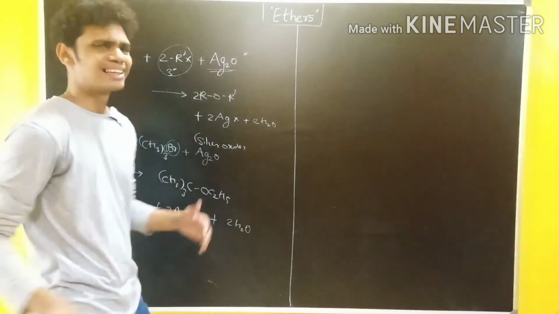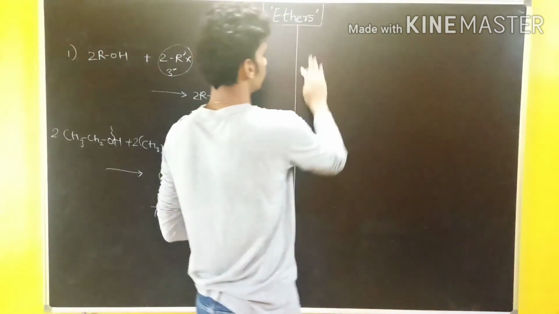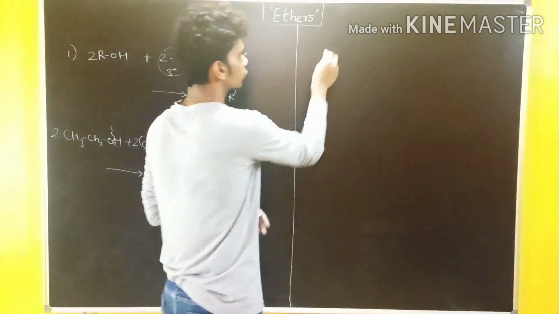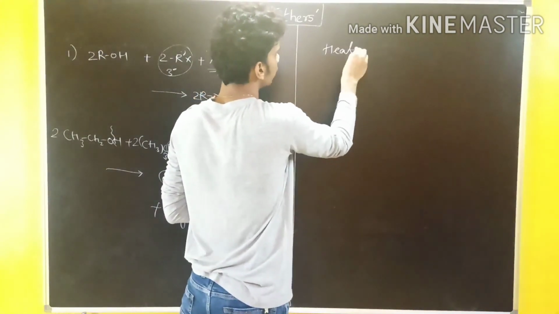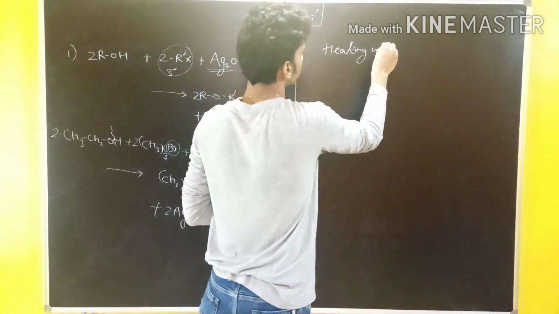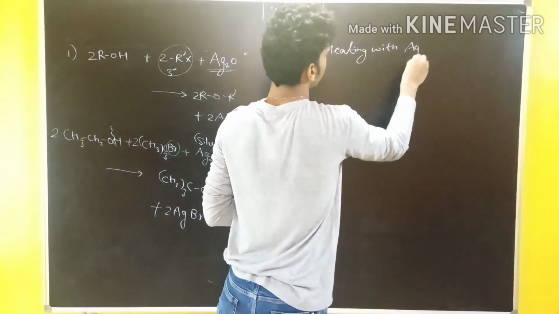Silver oxide. There is another method in which we use silver oxide, but it should be heating with dry silver oxide.